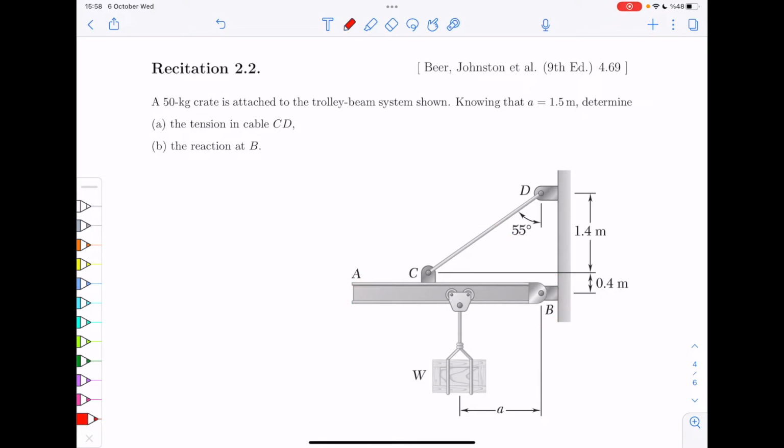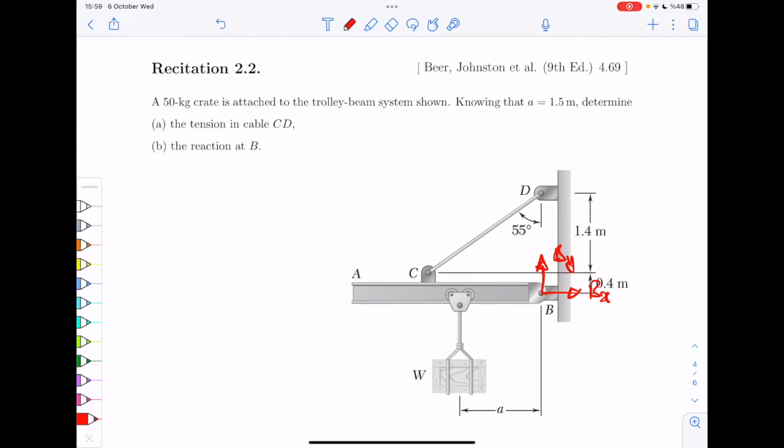and we write the moment with respect to point B, then we get an equation that does not have the unknowns at B, right? So remember, at B, we have two components, maybe B_y, B_x. We don't know what they are.